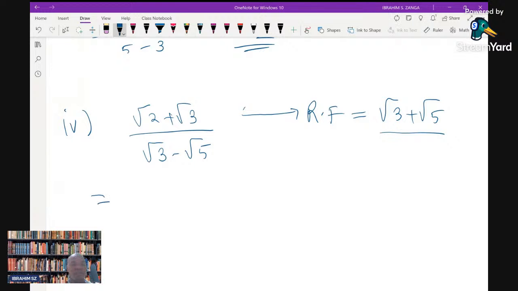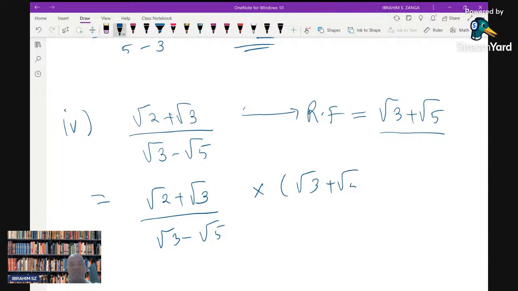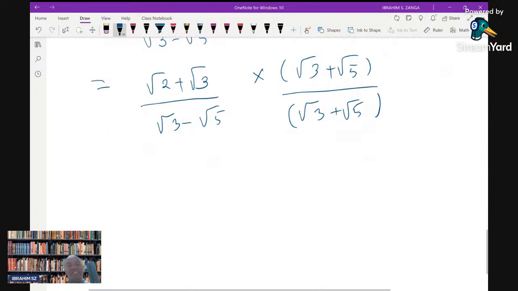So this one here will be square root of 2 plus square root of 3 over square root of 3 minus square root of 5, multiplied by square root of 3 plus square root of 5 over square root of 3 plus square root of 5. We open the bracket.